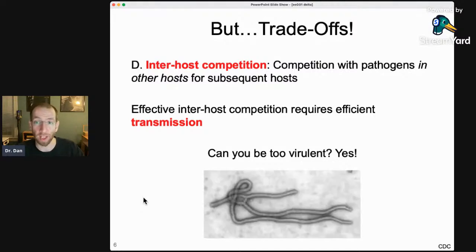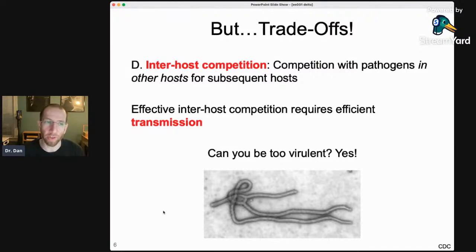An example of this you could think of is Ebola. There is a hypothesis with Ebola. This is not universally accepted, but it's out there. It's this idea that Ebola, in its current state as we know it, could never be the basis for a widespread pandemic because it is simply too virulent. It burns out too fast. You may have heard that phrase with regard to pandemics, that they burn out if they're too severe.